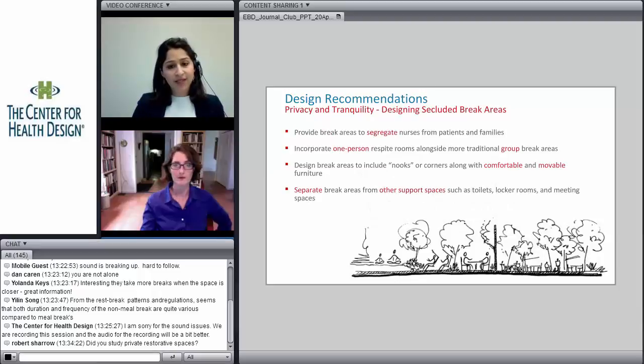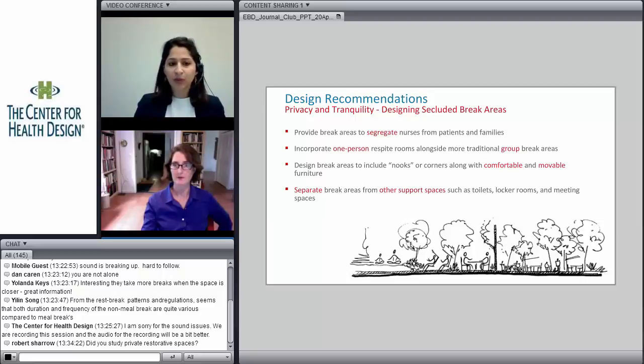In terms of privacy and tranquility, really segregating it from the spaces that patients and families are using. If possible, incorporating one-person respite rooms along with the more traditional group rooms. And even when we design the layout for that break room, we need to include nooks and corners with comfortable and movable furniture so they can adjust it based on their need at a certain time.